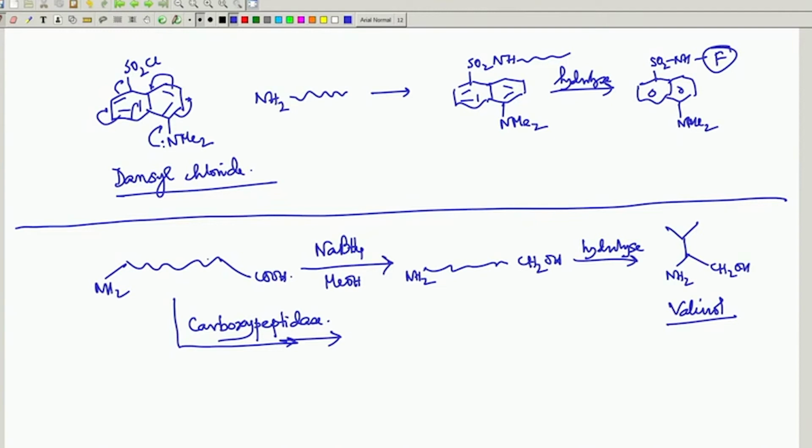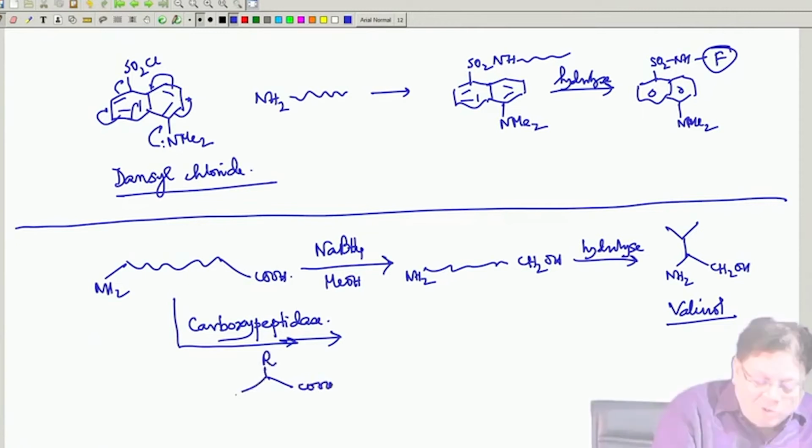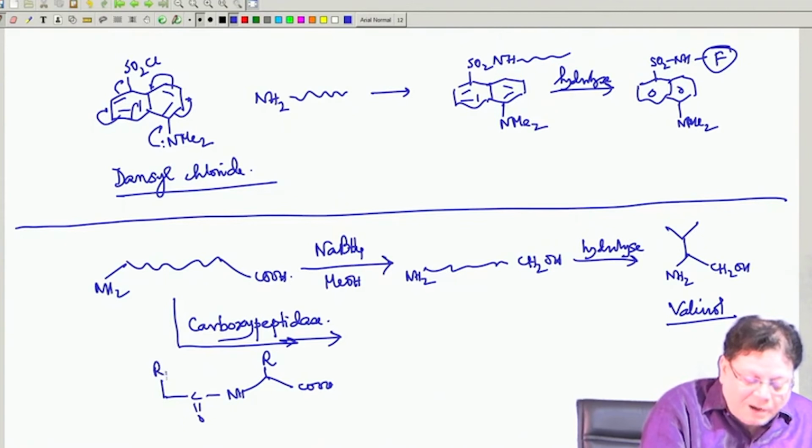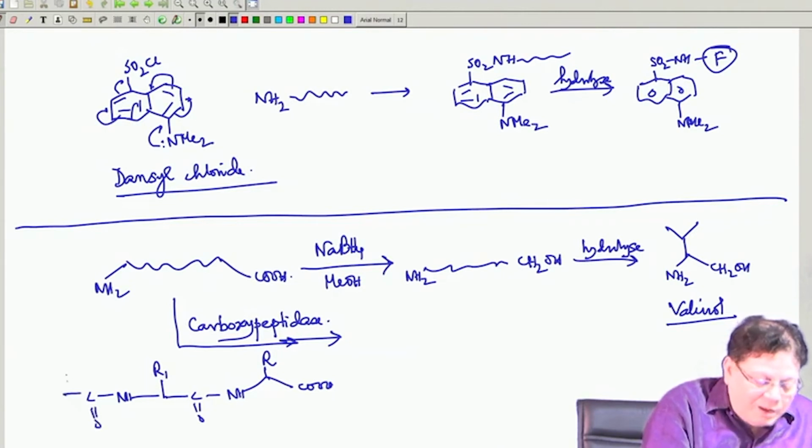That means, at the C terminus end, you have a CO2H at the end and then you have an R here, and before that you have NH and then CO, and then another amino acid R1, and then again NH and CO, and then R3, suppose a tripeptide, and it ends up with NH2.